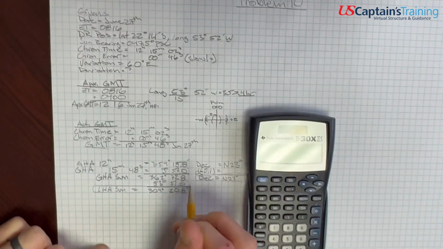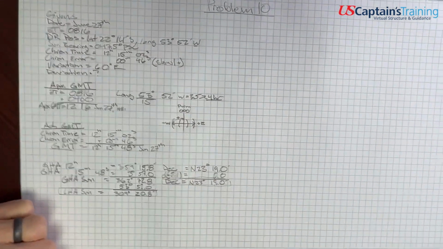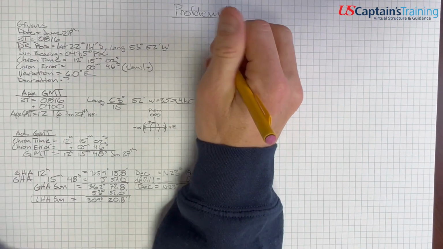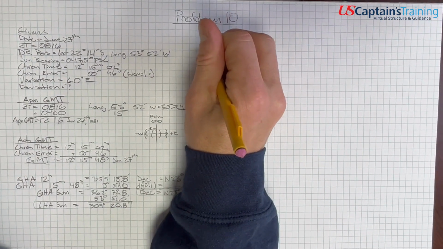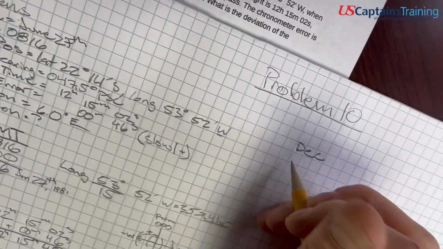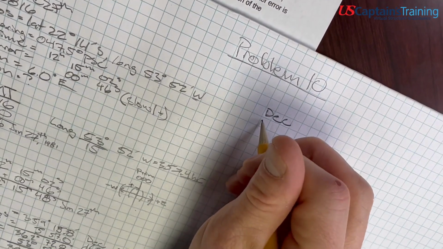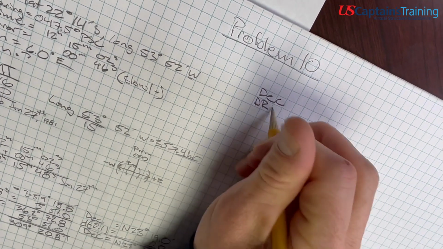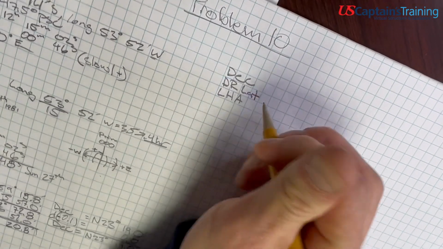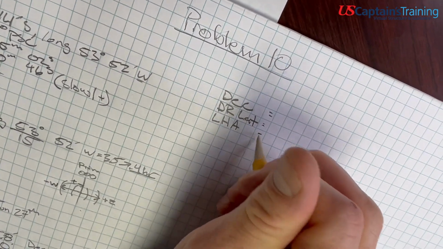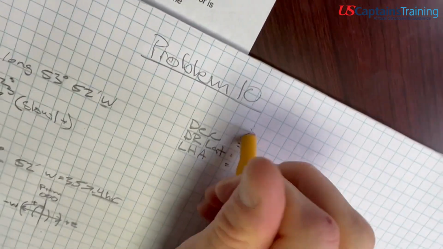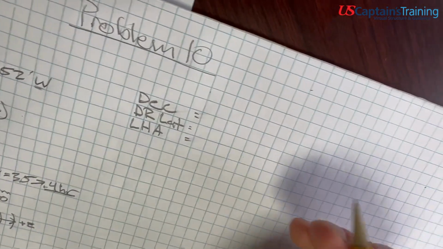Now that we have this information, we can put these into a table and do some calculations. So it starts out, we need our declination, we need our DR latitude, DR lat, and we need our LHA that we calculated. Good. And so what's our dec? Here we are.